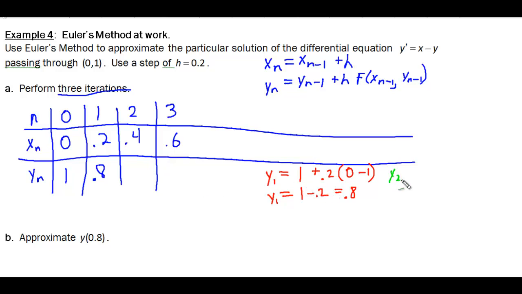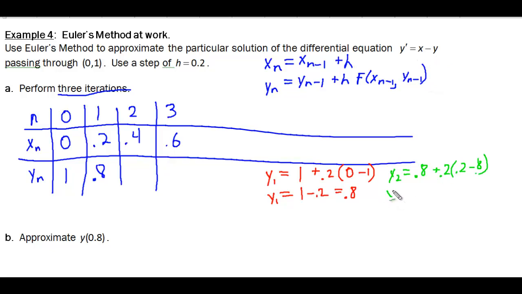y2 equals y1, 0.8, plus h times x1, which was 0.2, minus y1, which was 0.8. Yes, because our function is x minus y.